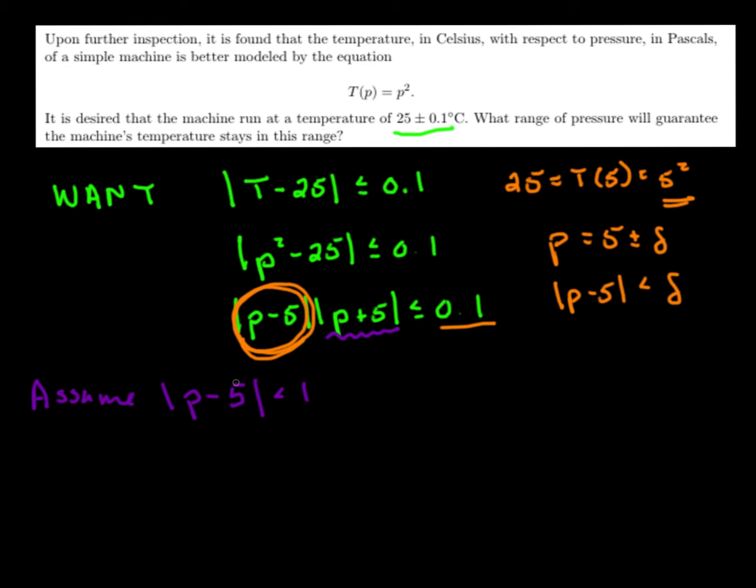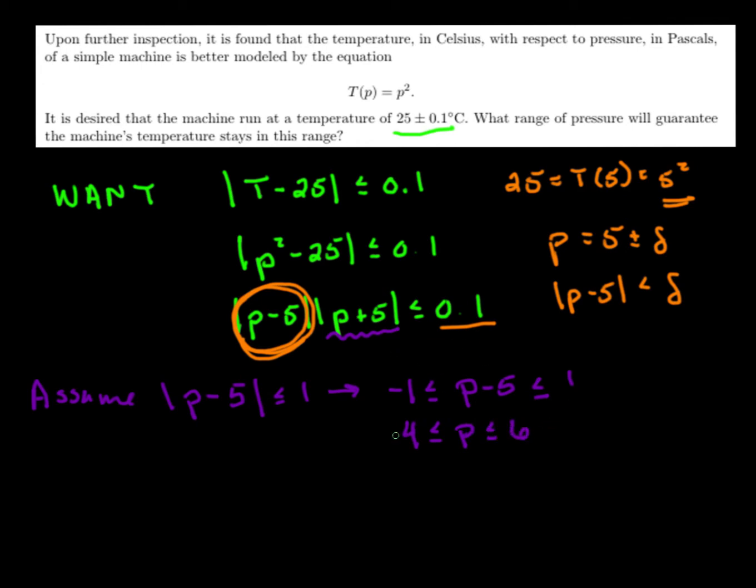So what is this telling me? Well, this tells me that negative 1 is less than or equal to P minus 5 is less than or equal to 1. I guess I'll put equal there. And I could solve for P here by adding 5 to both sides. So I get that 4 is less than or equal to P is less than or equal to 6.